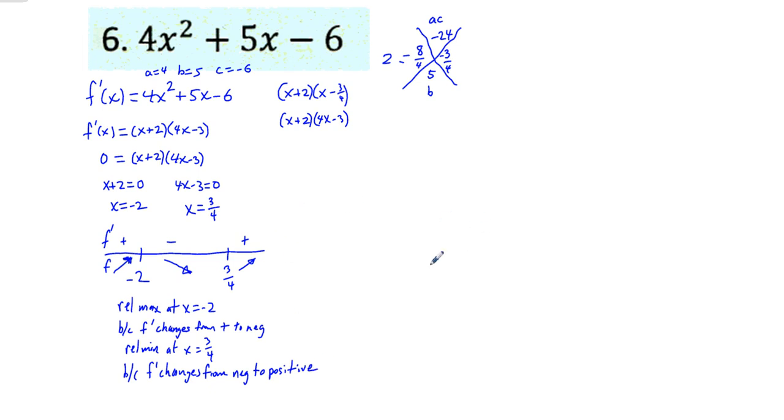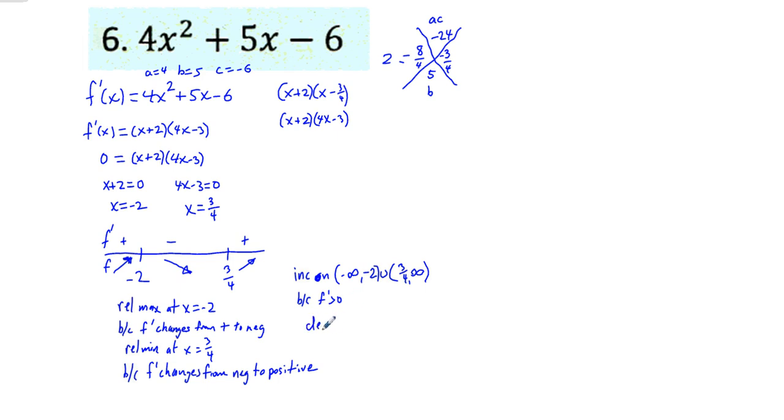Okay, and now we can also do the increasing decreasing intervals. So increasing on intervals of, okay, negative infinity to -2, and also from 3/4 to infinity because f prime of x is greater than 0 on this interval.